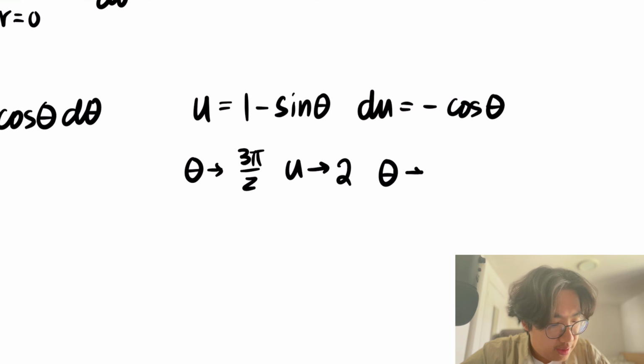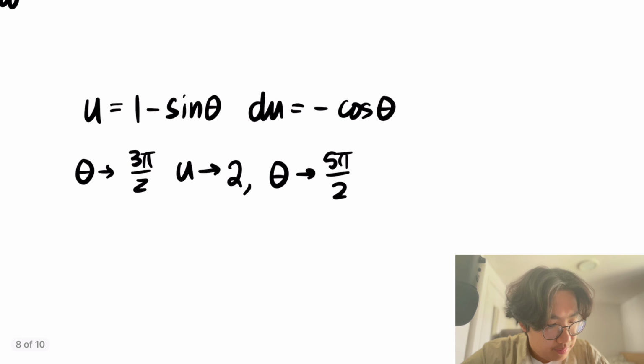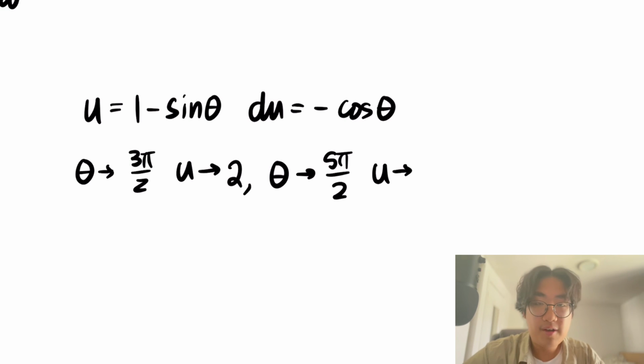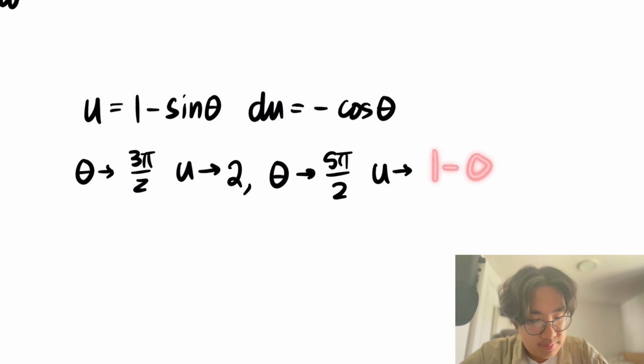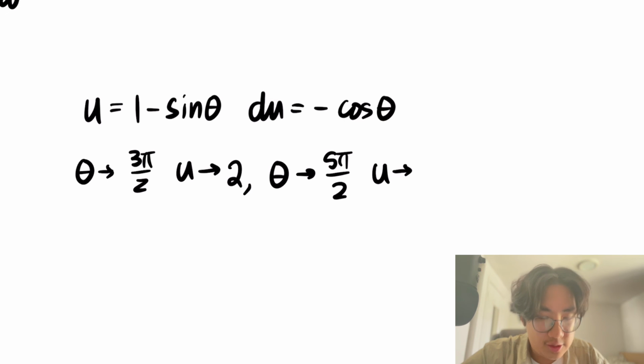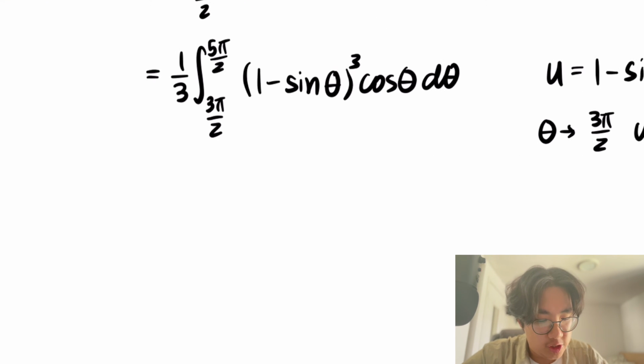And when theta approaches 5 pi over 2, which is equivalent to pi over 2 in terms of the value of sine, sine of pi over 2 is positive 1. So 1 minus 1 is 0. And these are the limits of integration now.